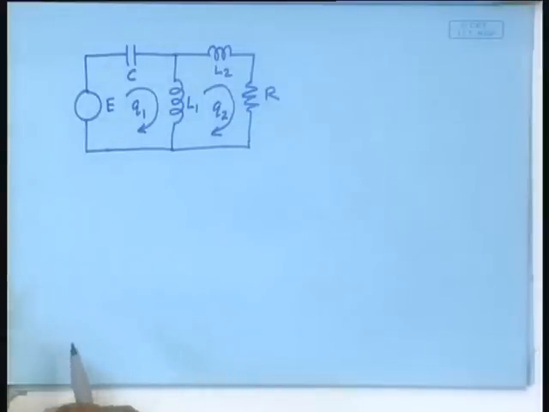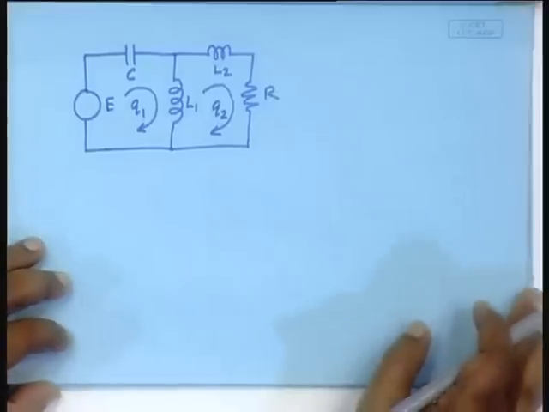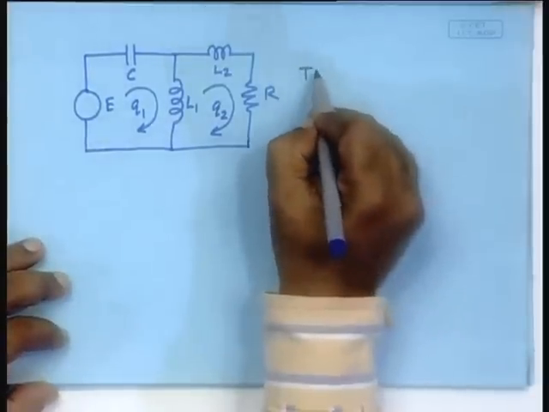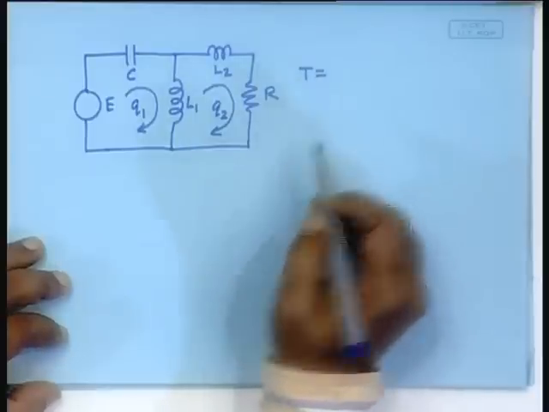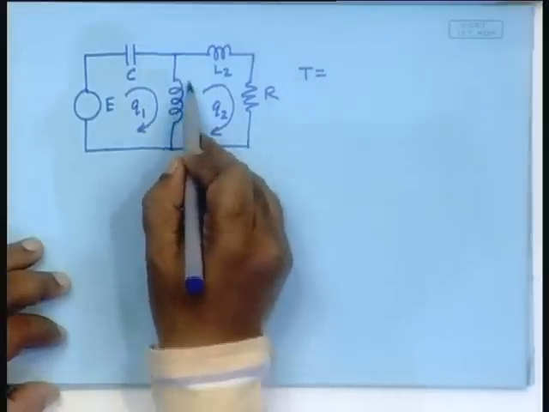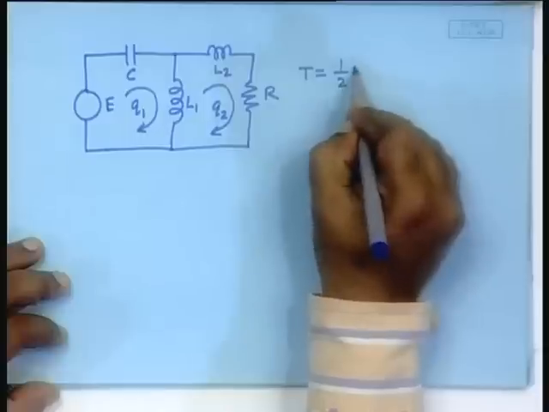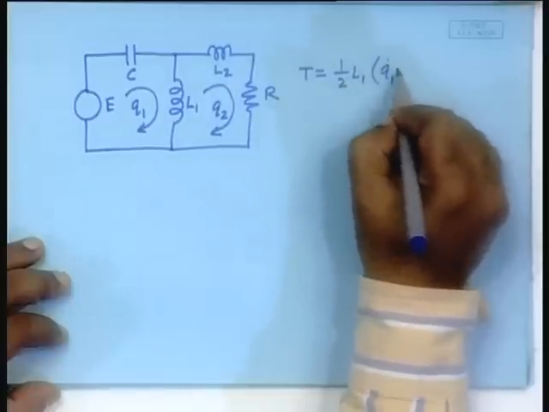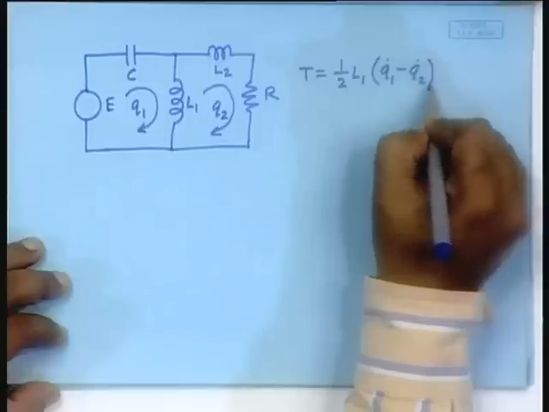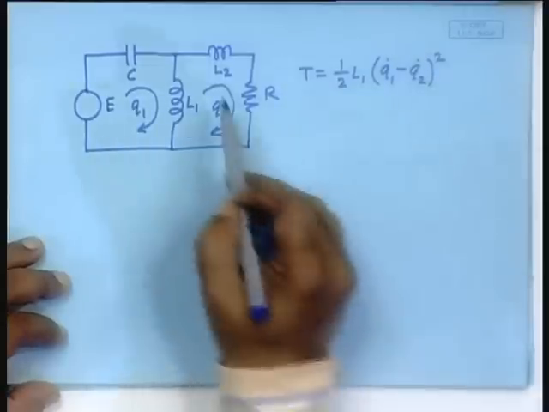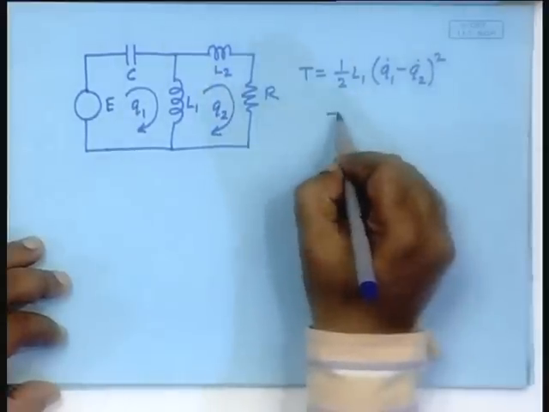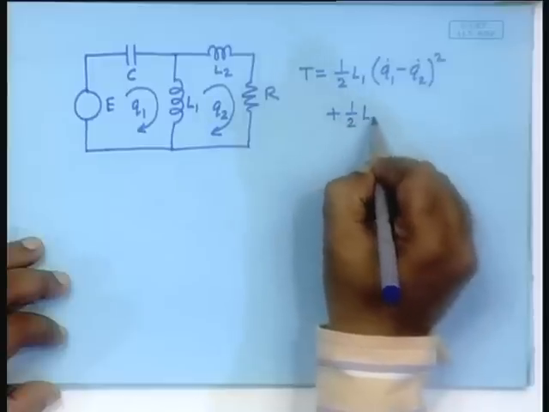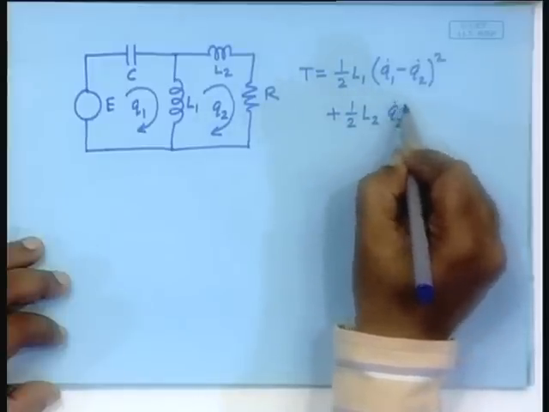Now, we would say that my T is the energy stored in this one, half L1 (q1 dot minus q2 dot) square, plus the energy stored in this one, which is plus half L2 q2 dot square.